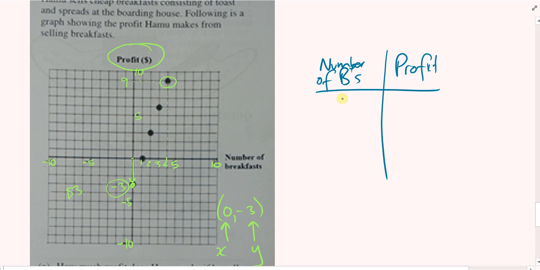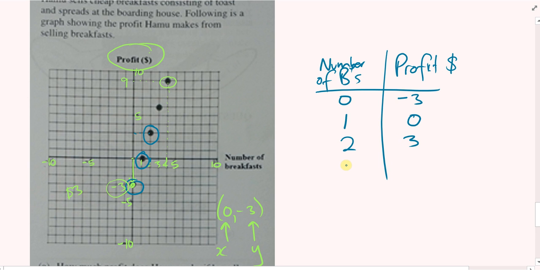When the number of breakfasts sold is 0, we know that the profit is -3 according to the graph. When 1 breakfast is sold, the profit is actually 0. So profit is in dollars. If we sell 2 breakfasts, at that point there, the profit is $3.